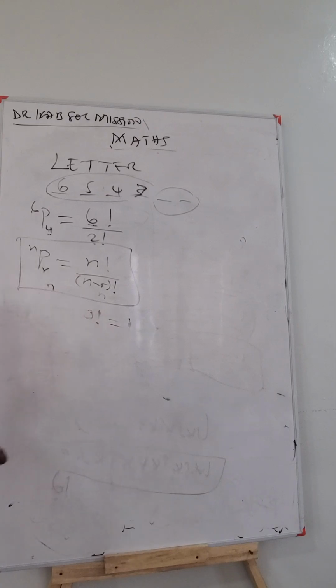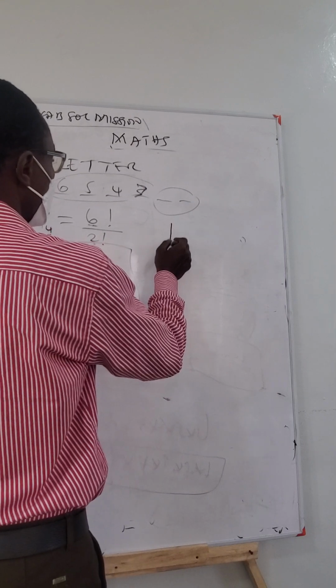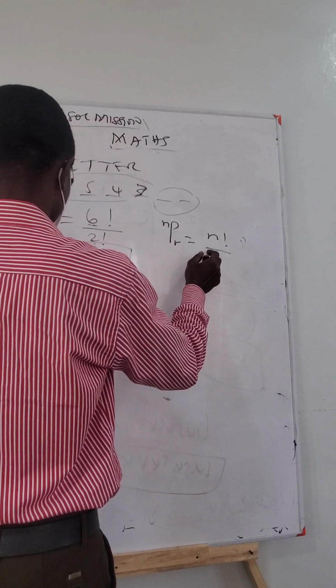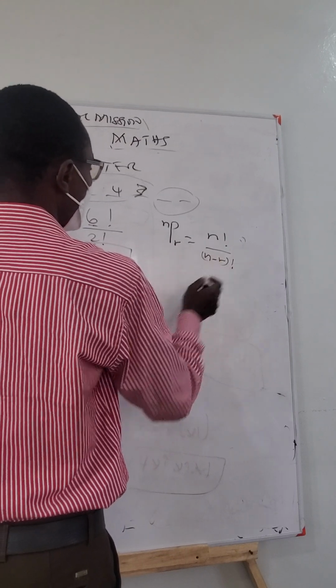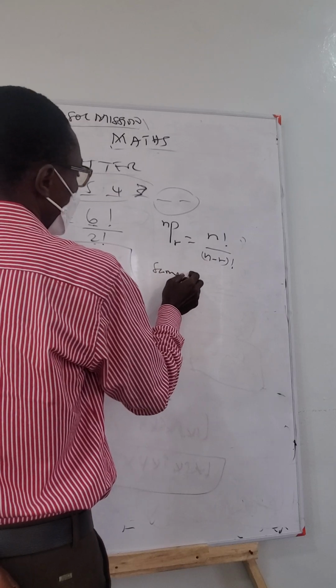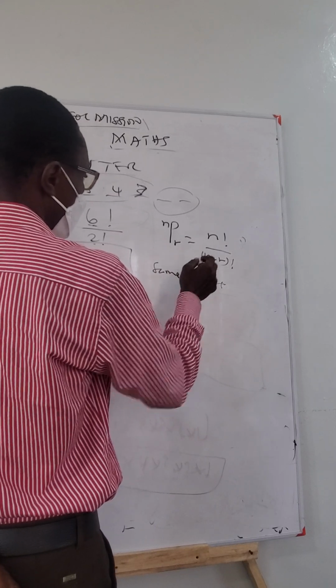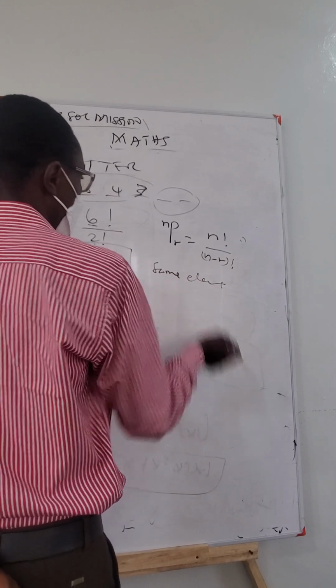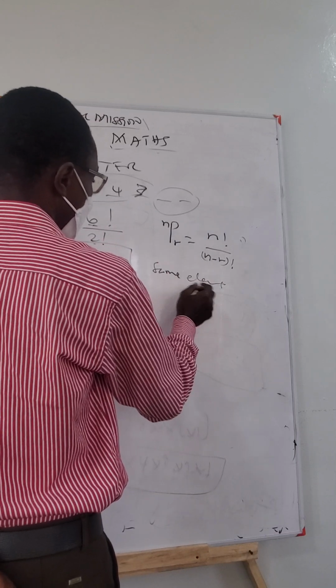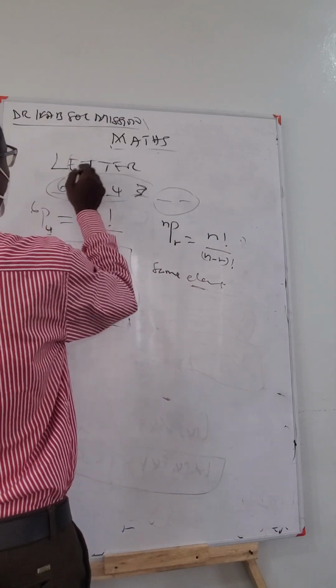So when you are dealing with permutation, first have the general formula n becomes n factorial over n minus r factorial. Now, if there are same elements, you must account for the same elements. So you divide the equation by the same number to get rid of the same element. So let's say we have 2 e's here, 2 t's here.